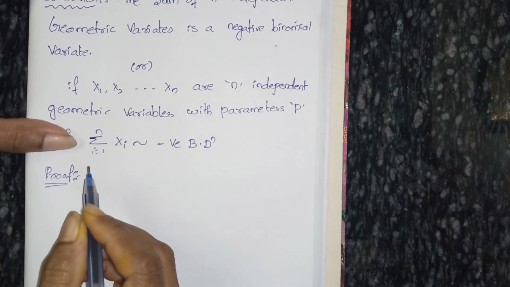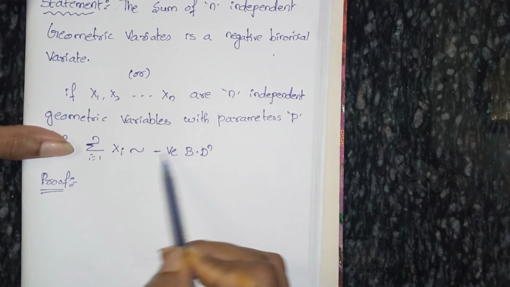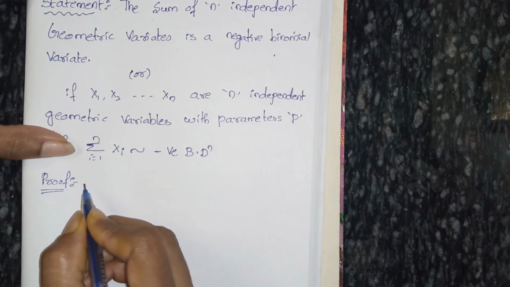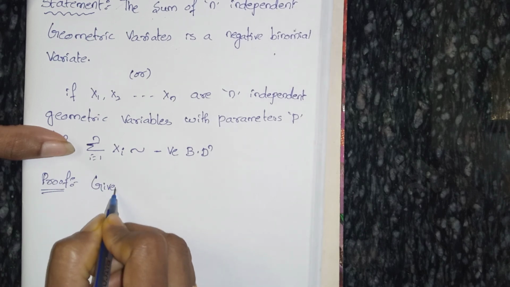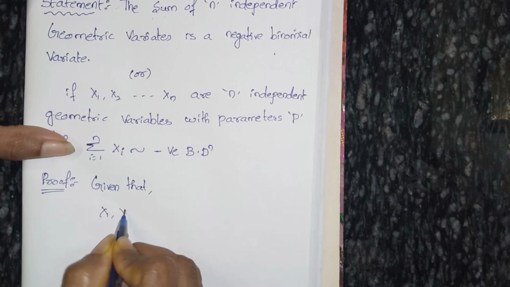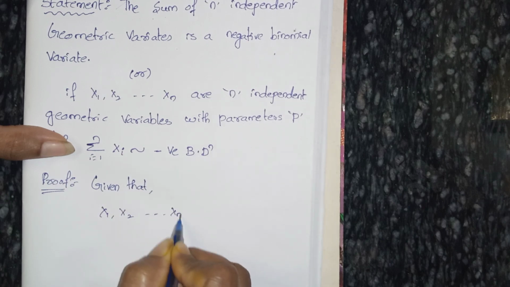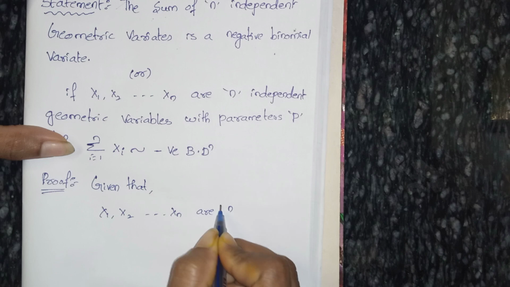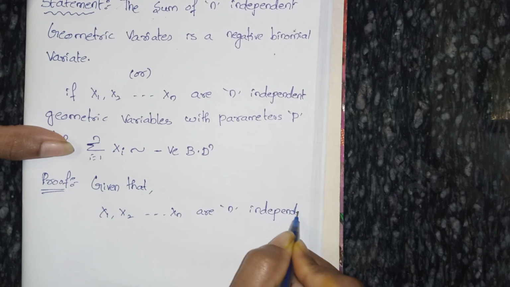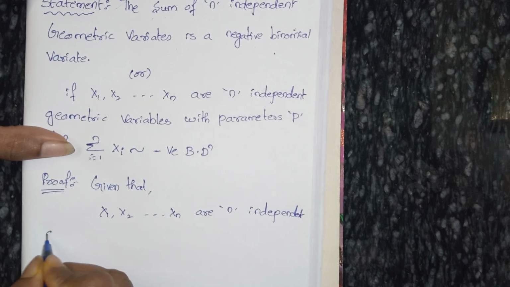As we all know, when we are going to prove the additive property, we have to consider moment generating functions. Given that x1, x2 and so on xn are n independent geometric variates.